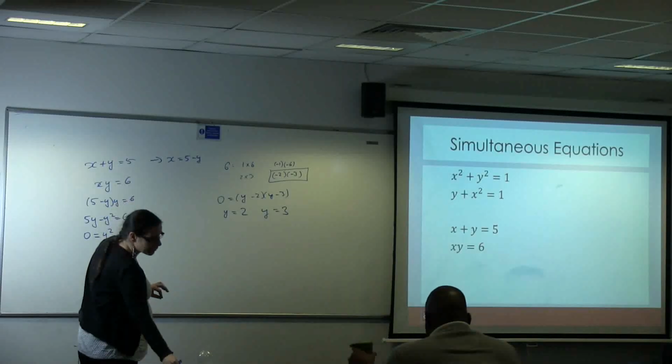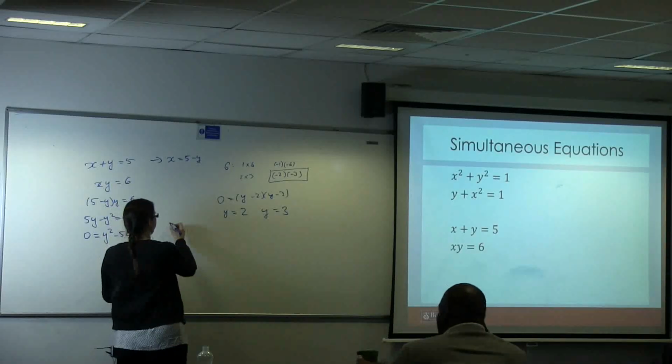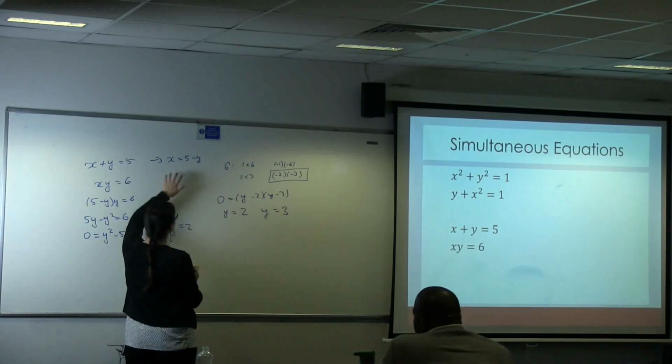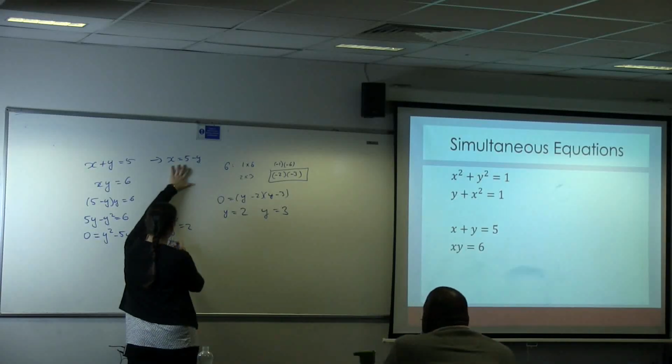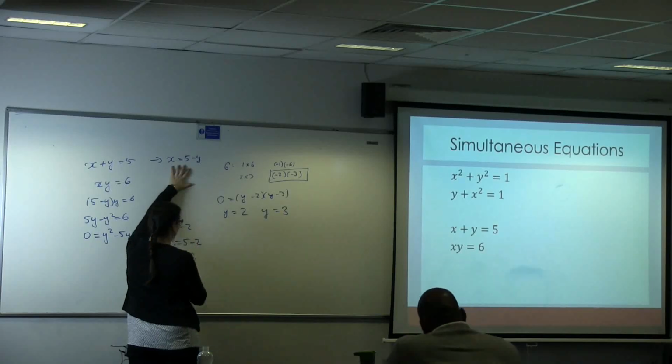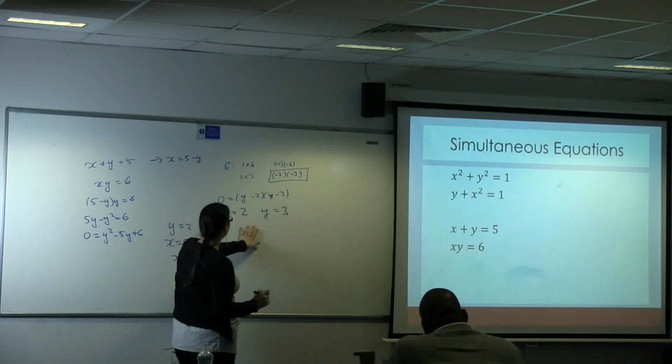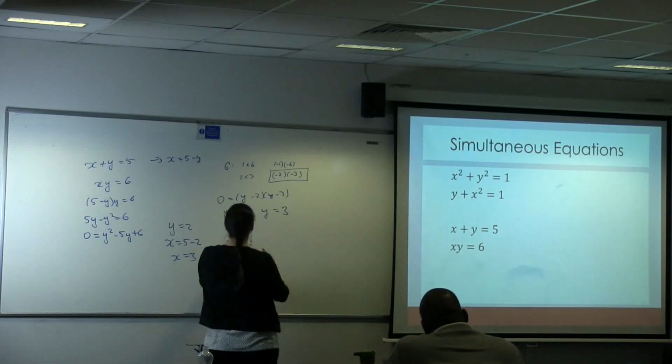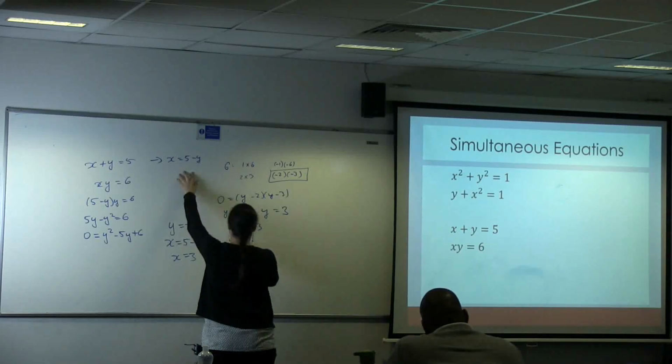So now, if y is 2, I'm going to have to come back into here and solve for x. So x equals 5 minus 2, so x is 3. And if I have got this one here, y can be 3 as well. So then x would be 5 minus 3, so x would be 2.